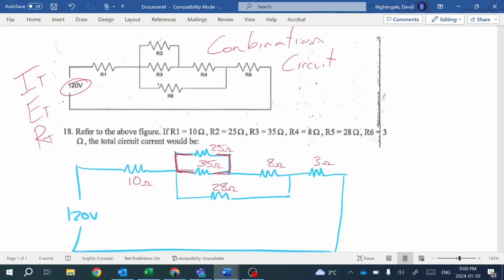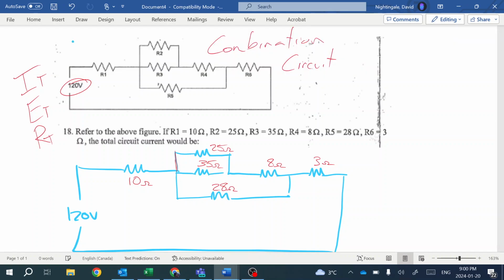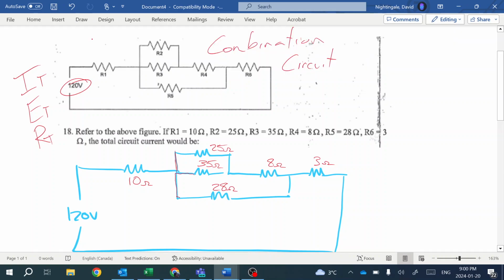So for example, the 35 ohm resistor is not directly in parallel with the 28 ohm resistor because, if I just back up here a sec, this side indeed is touching the side of the 28 ohm resistor, but this side here is not directly touching the other side of the 28 ohm resistor.